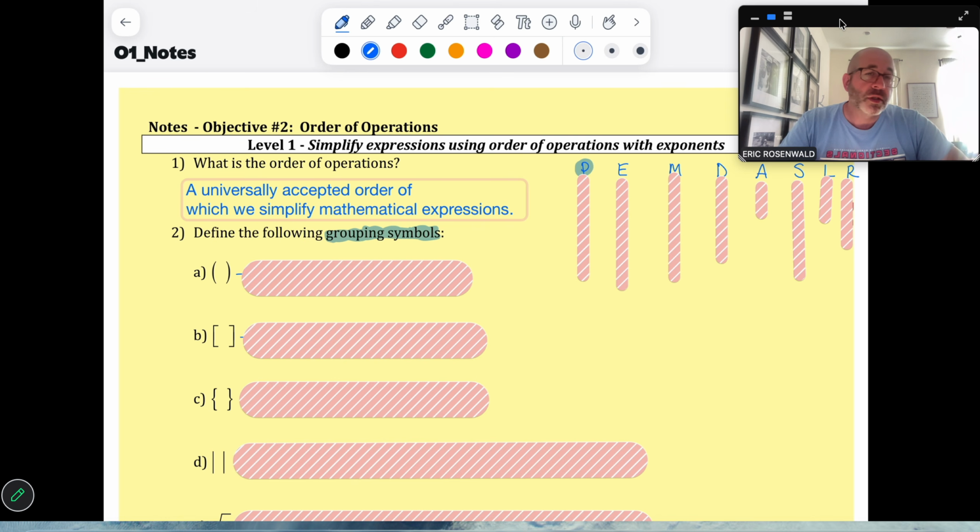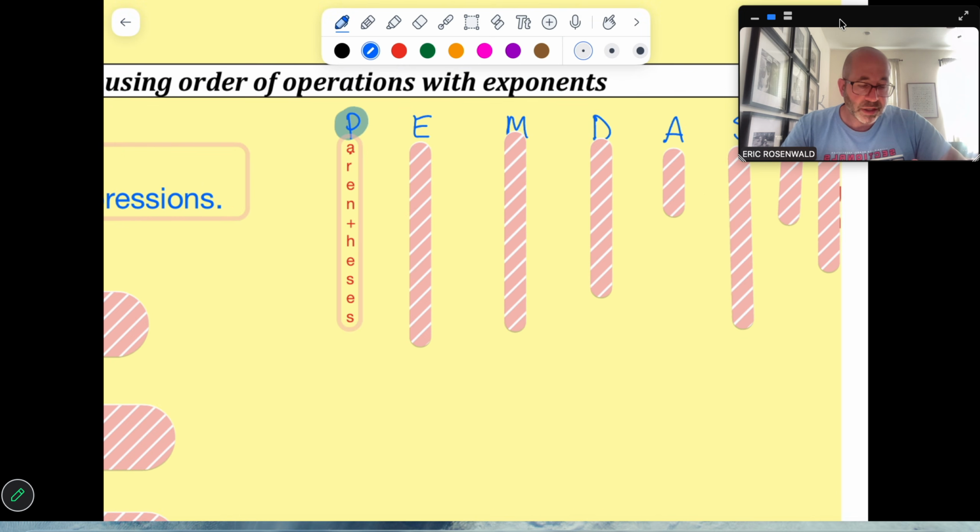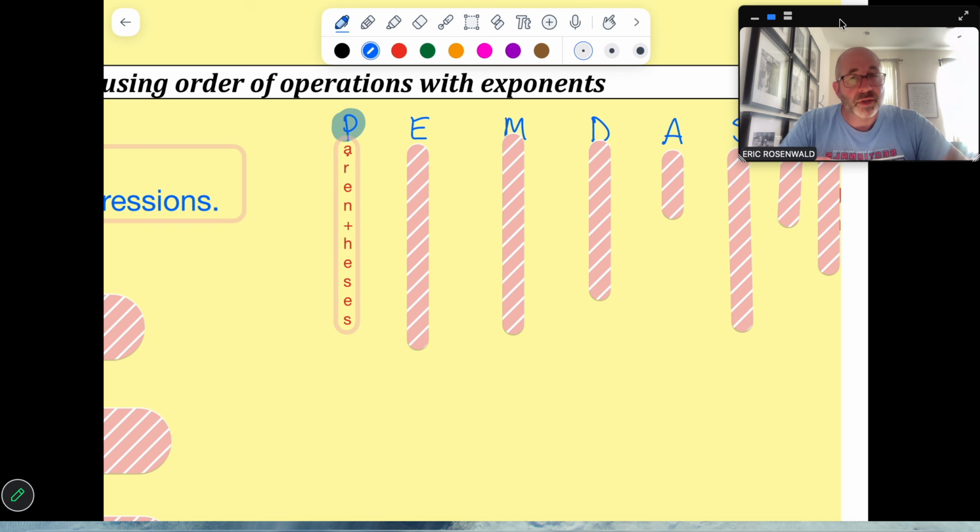Well, we use a little phrase called PEMDAS, but there's a few things to add to this, okay? PEMDAS is actually going to end with LR. Now let's go through each one of these. First thing is P, which stands for parentheses. Now you'll see later I'm going to change this, but we use parentheses as the P. The next step that we do when we're doing order of operations is we work on the exponents.